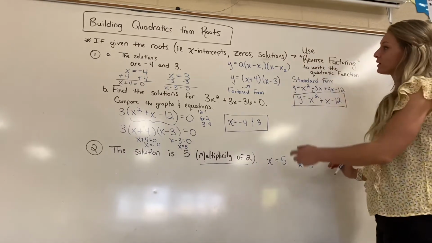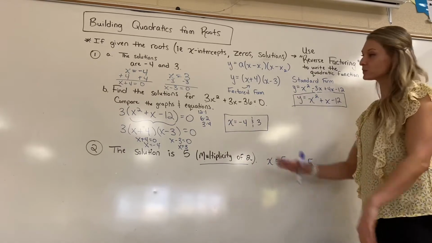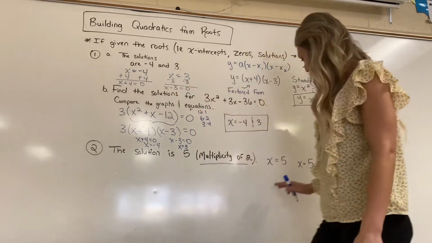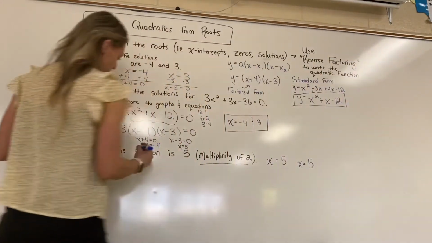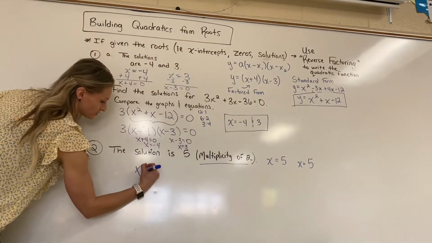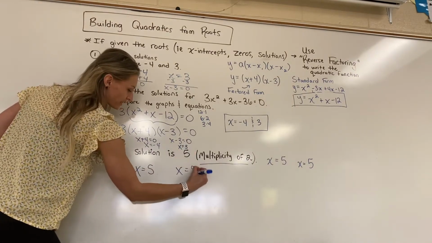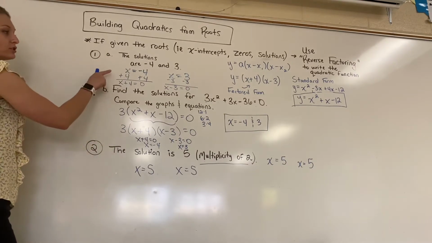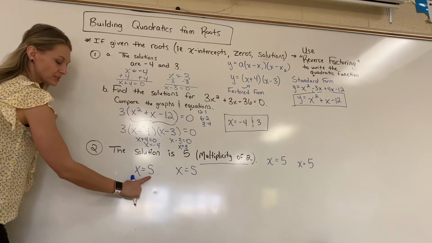So how do you write the equation? You follow those same steps we did for this one up here. You start by setting x equal to each of those numbers, so I've already done that. I'll just copy it over here. So you take x equals 5, and then we had another one where x equals 5, and then you undo it. To undo it, remember, you had to get it equal to 0. So how do I get this one equal to 0?